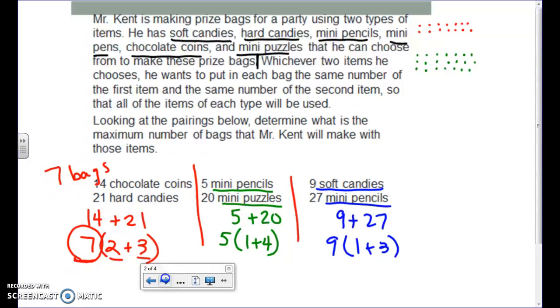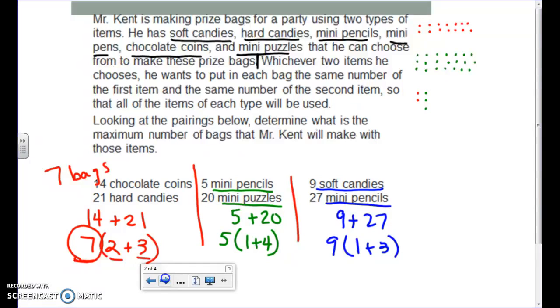If I try to make these into even groups, it's going to be really hard for me to do with a diagram. So if I say, okay, well, I'm going to take 2 reds, and I'm going to use 3 greens.